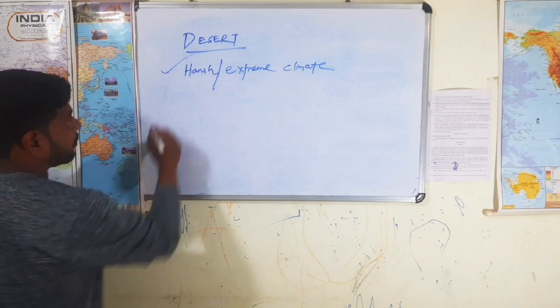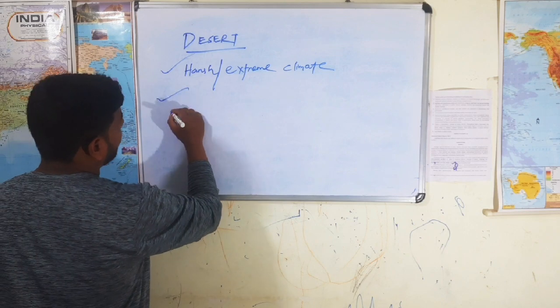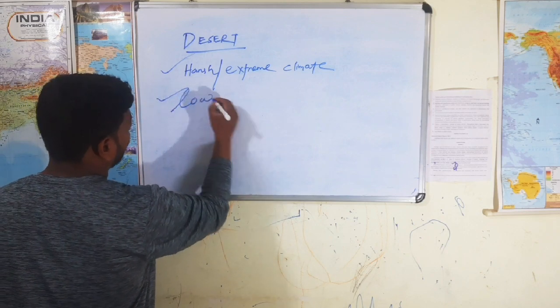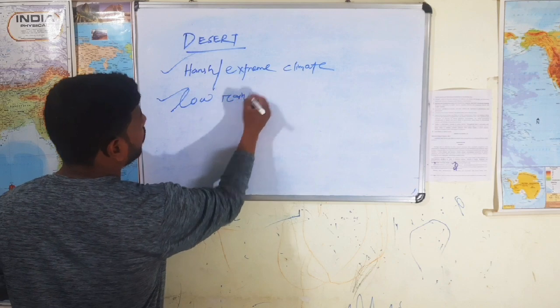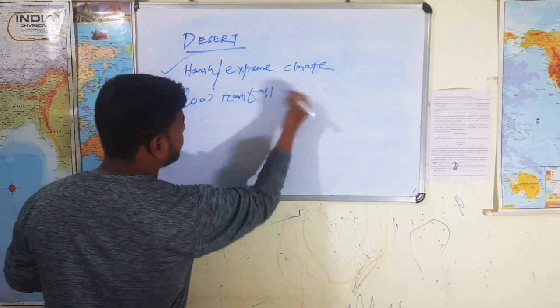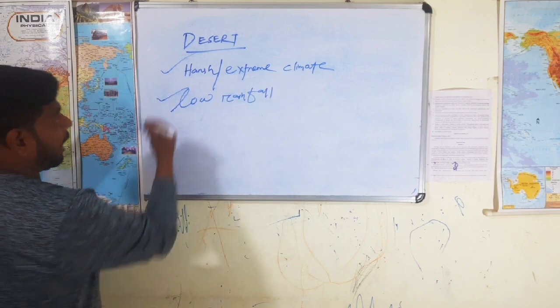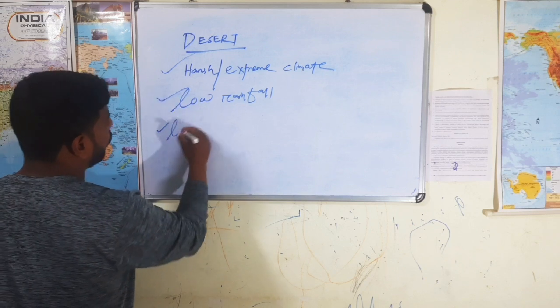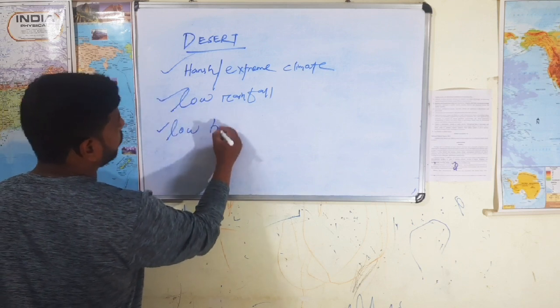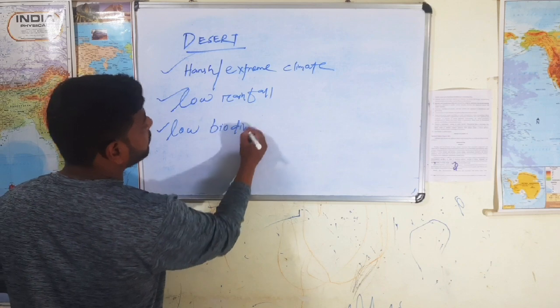Here there is very limited rainfall, low precipitation, and because of this very low biodiversity is found.